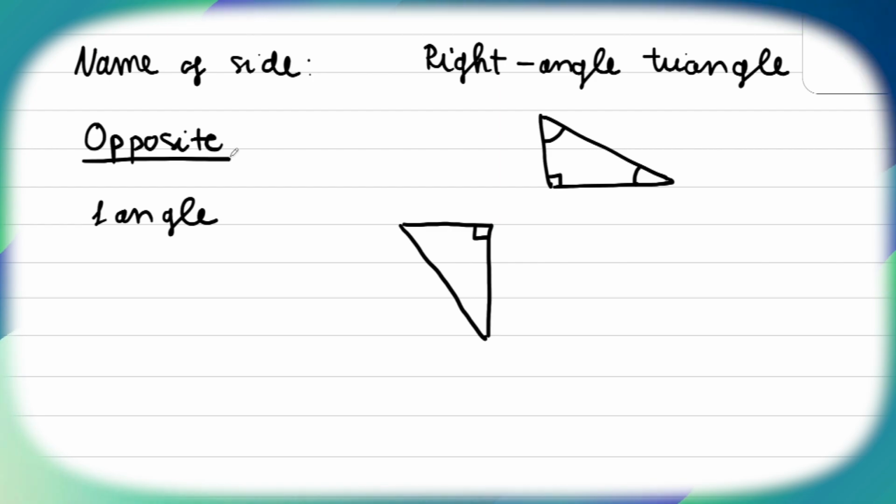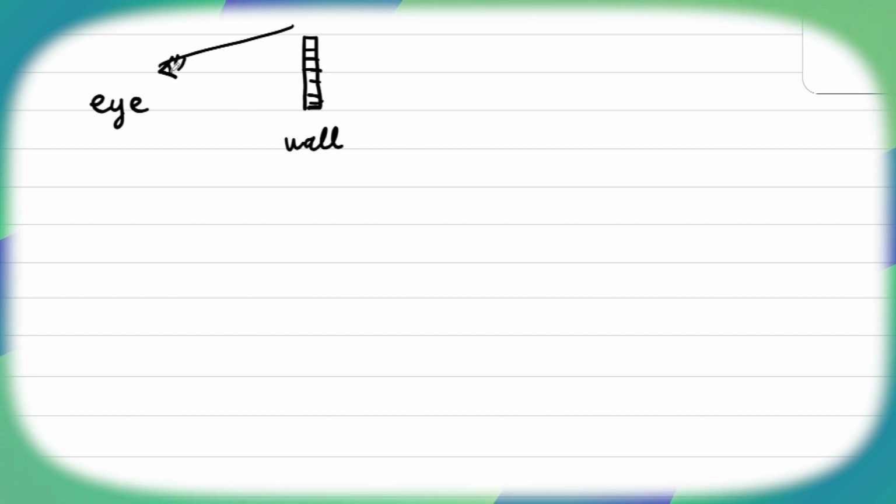But before we learn about the opposite side, I want to introduce a model. If I have an eye like this, and this eye looks at the world like this, you will make an angle like here, and this eye will see this world.